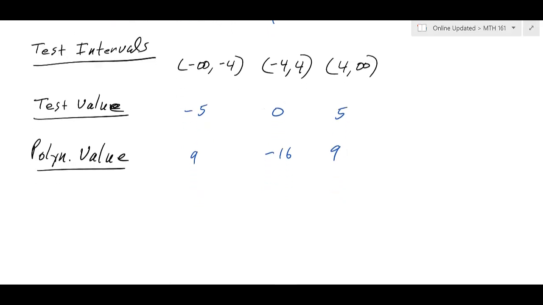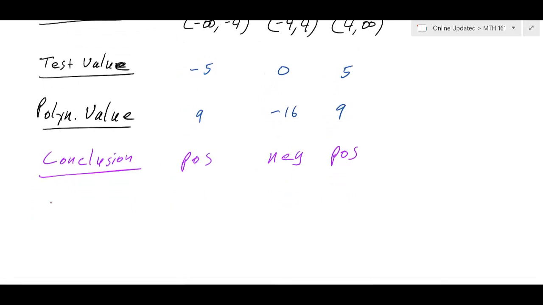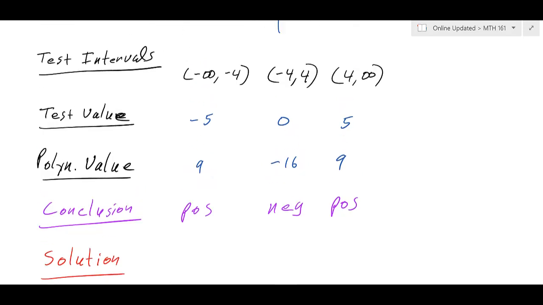So from this, the conclusion, and remember the conclusion we're looking for is it positive or negative? Well, here we have a positive 9, a negative 16, and then a positive 9. So the question now becomes, what is going to be the solution? Well, be careful.